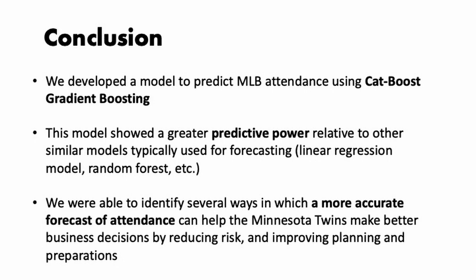To summarize, to predict MLB home game attendance, we developed a model using the CatBoost gradient boosting method, and this model shows greater predictive power than other models such as the linear regression model, random forest, and neural network.